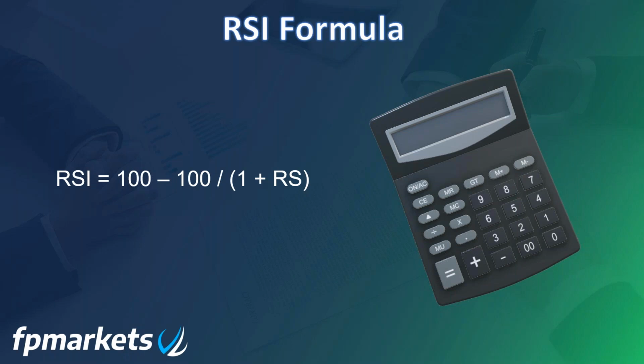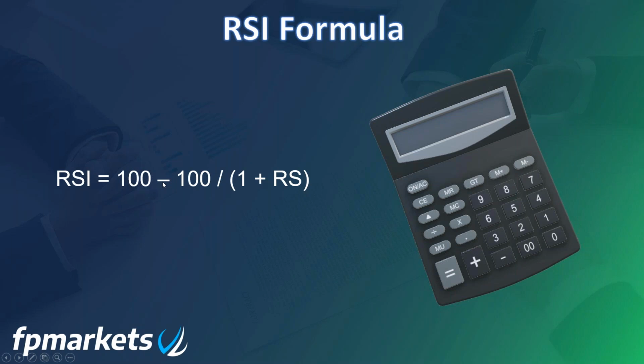To get the average, we simply sum the moves and divide by 14. Once this is done, we can then divide the average of the up moves by the down moves to give us the relative strength of that market. We then add this value to 1, and then divide this by 100. This value is then taken from 100 to give us the RSI value.